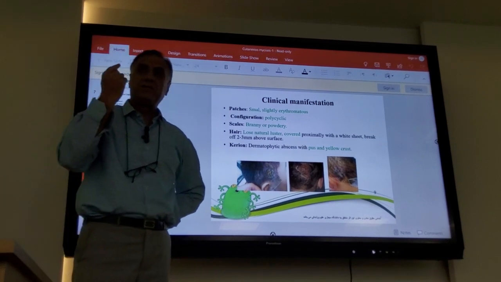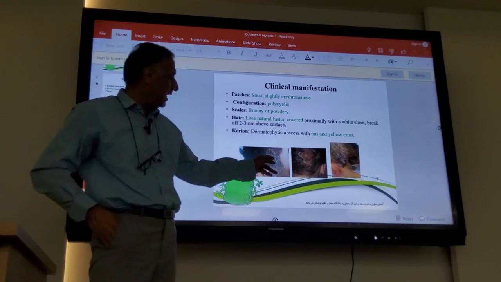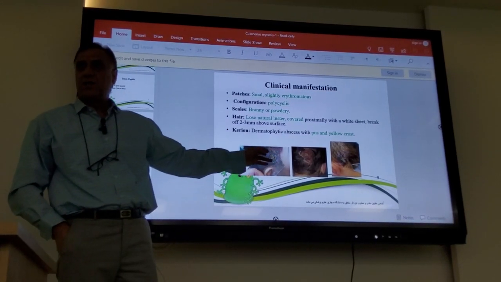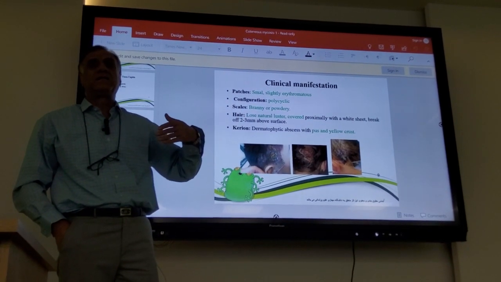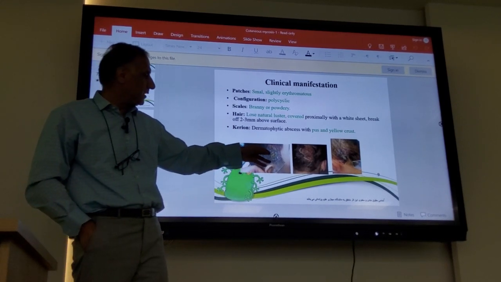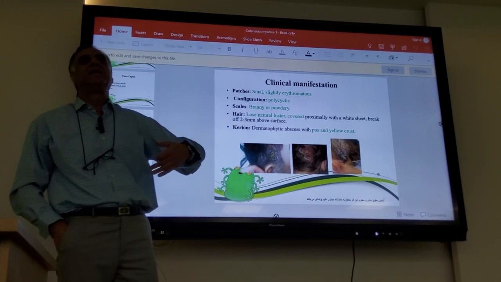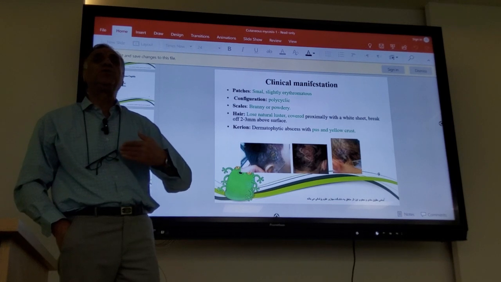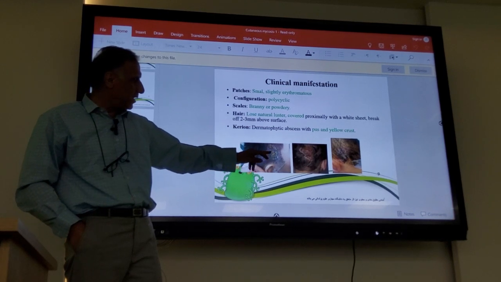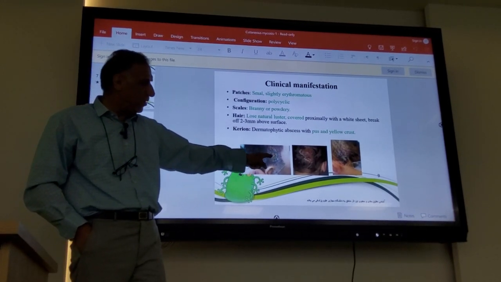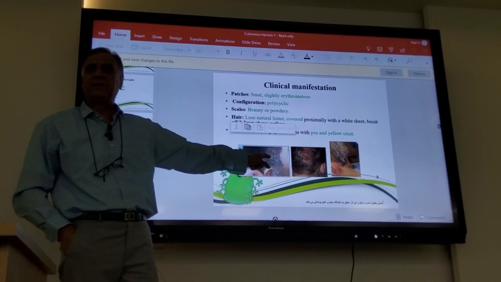When you have geophilic or zoophilic dermatophyte, the reaction is acute. You find severe inflammatory reaction, severe erythema. Do you know what erythema means? Erythema means inflammation that leads to redness. In this patient, you find pus, inflammation, and missing hair.